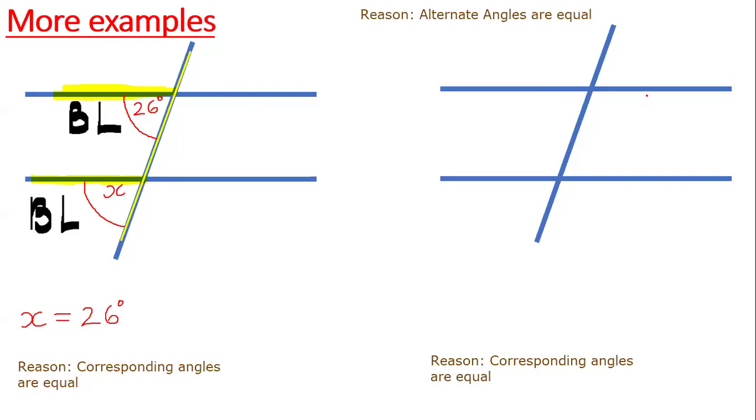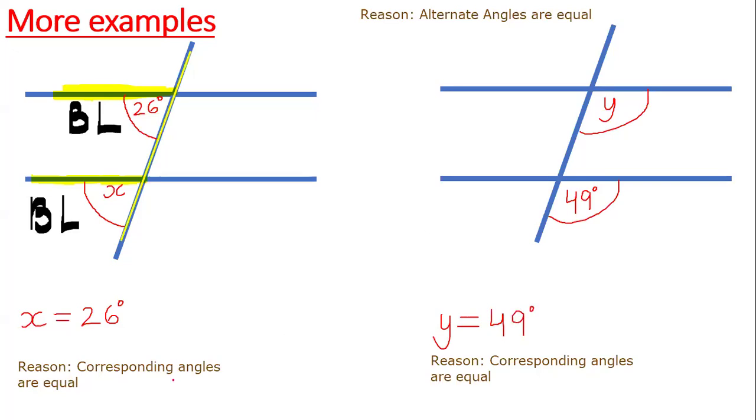Let's say that this one is Y. We haven't used Y in a bit. And let's say that this is 49 degrees. So what must Y be equal to? 49 degrees. And why is that?